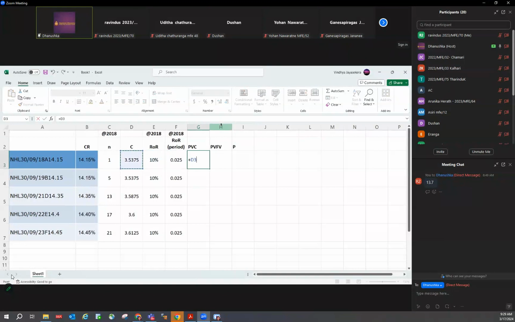It is coupon divided by R into 1 minus 1 plus R to the power minus N, and face value divided by 1 plus R to the power N. And what is the price?